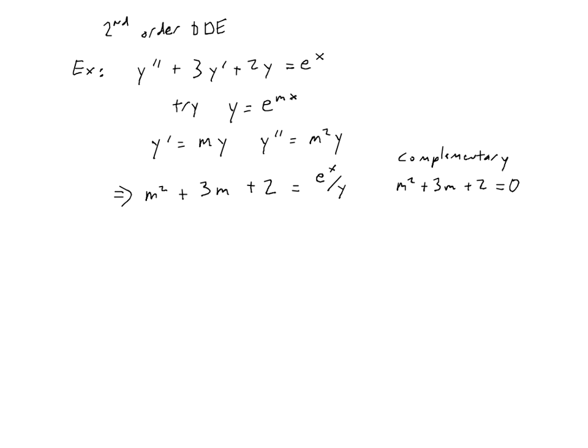But even more so over here, if m is not equal to 1, this is going to give you trouble with the particular solution. And so if m is equal to 1, then you have basically a 1 on the right-hand side, which means that this is going to be m squared plus 3m plus 1, and now m must be equal to 1, and that doesn't add up either, right?